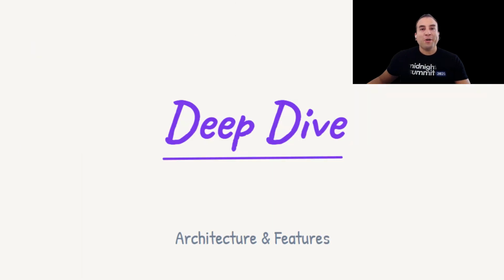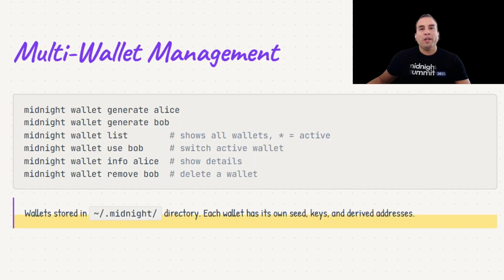Okay, let's go deeper. Let's start with the wallet management because you are going to use this constantly. The workflow is simple. You generate a wallet, give it a name, and then you switch between wallets with the command use. You might say midnight wallet generate Alice, midnight wallet generate Bob, and then midnight wallet use Alice to make Alice the active wallet.